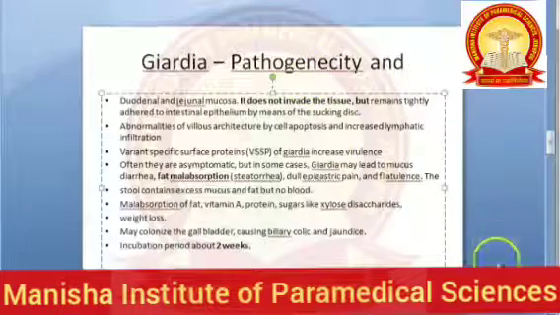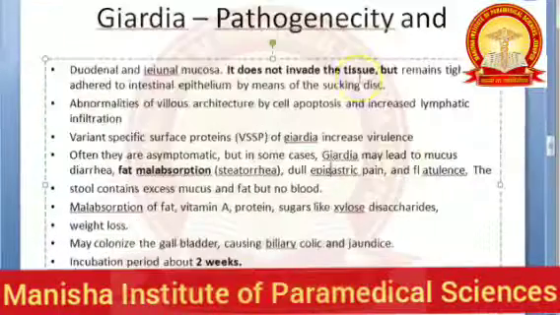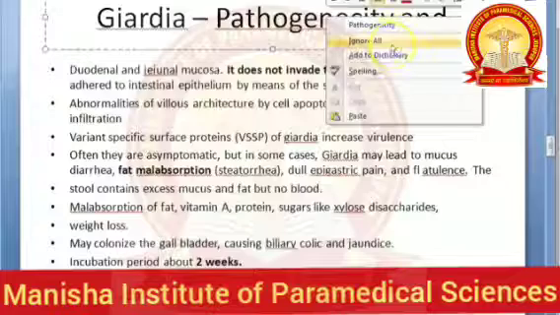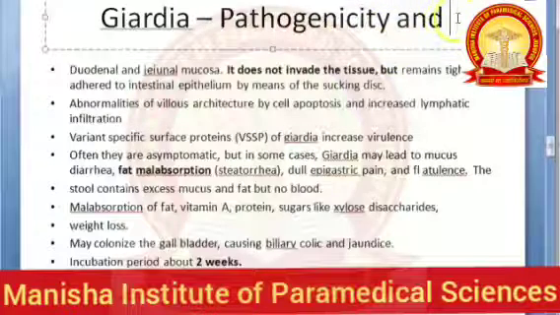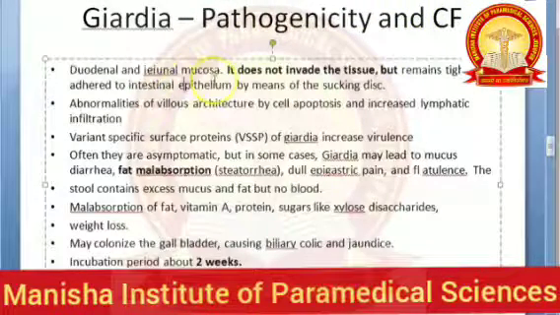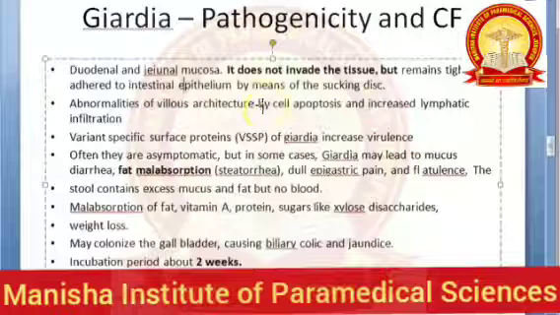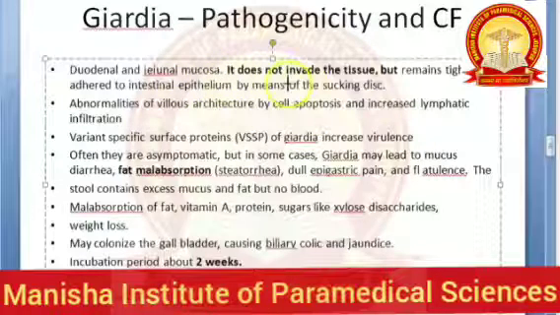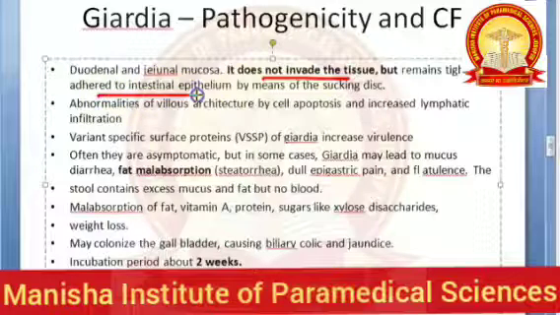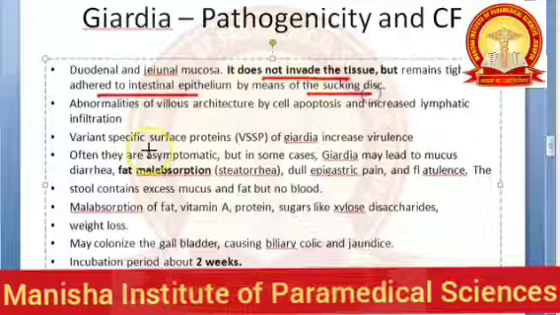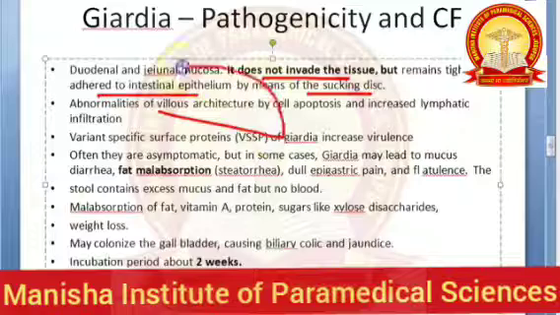Pathogenicity and clinical features. That's what we wanted to look at here. So basically what happens, it is going to be in the lumen, right? So it does not invade the tissue, but it will stick to the intestinal epithelium by suckling disc. So what all can happen? The villi of the intestine can be affected.